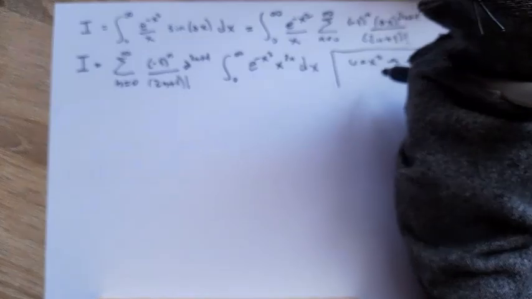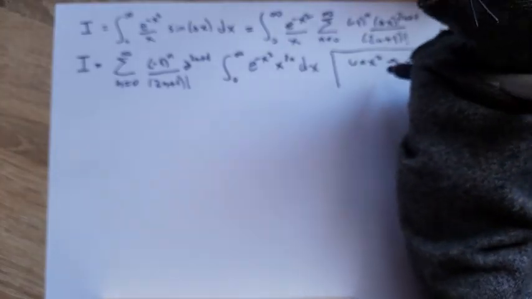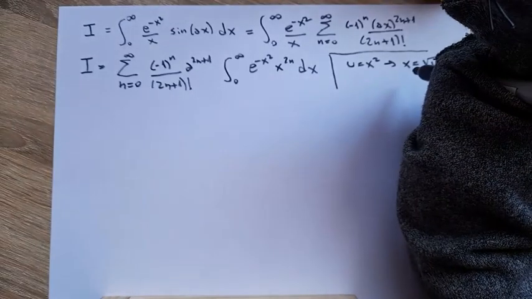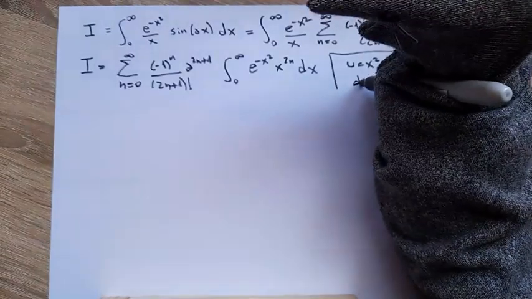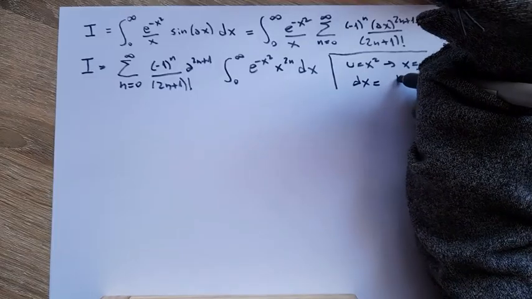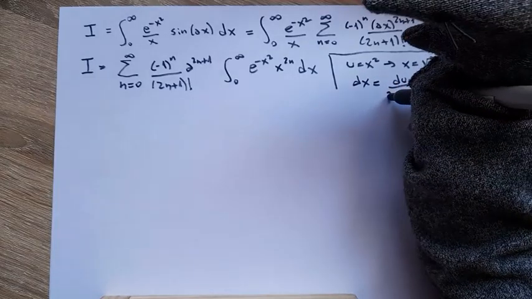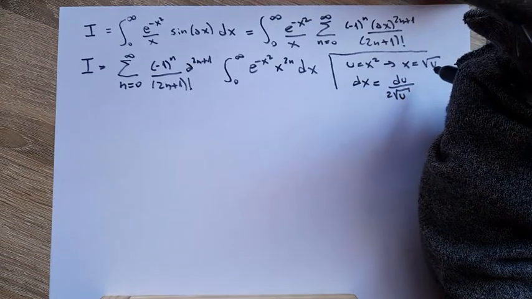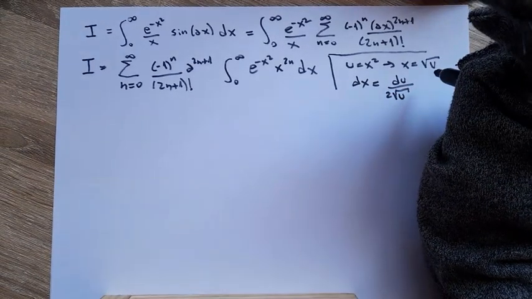The integration limits will be the same. We now just need the differential of x. So from here we get that dx equals du over 2 square root of u.